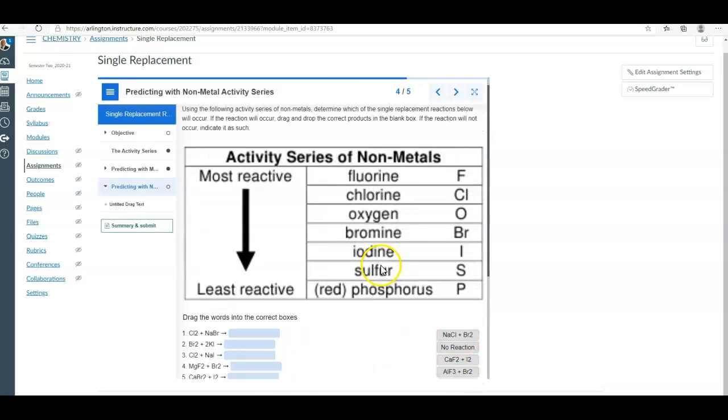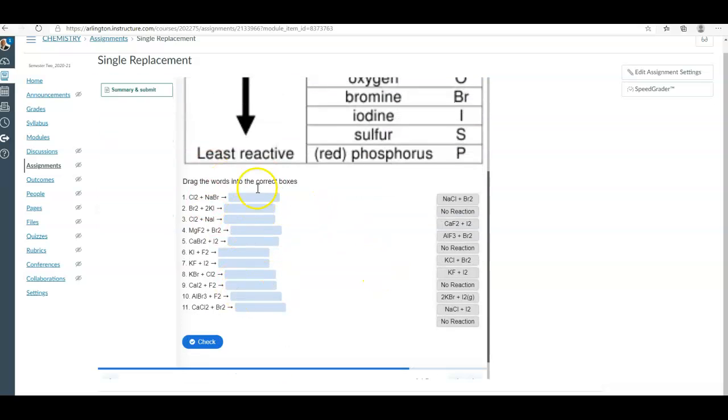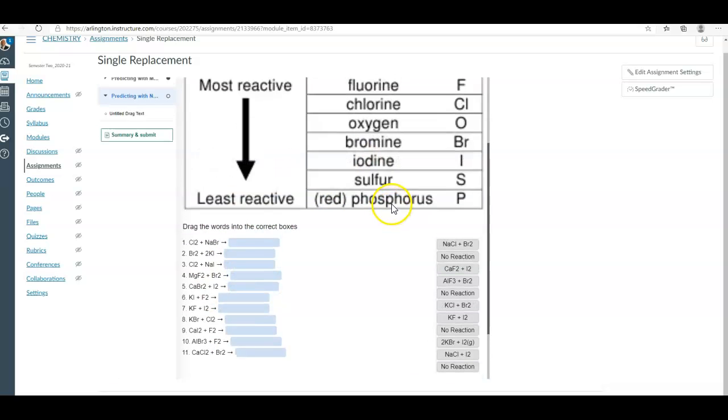The next one has to do with non-metals. Here you're going to complete this equation based on the position of the element in the activity series. If you remember, if it's above, it can replace the one beneath it. So in this case, the first example is chlorine reacting with sodium bromide. Now you're going to compare chlorine with the bromide ion.